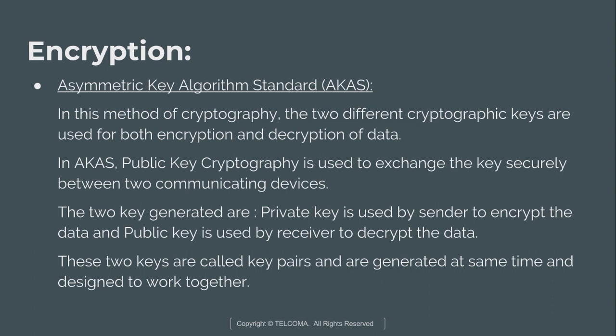The two keys generated are the private key and the public key. The private key is used by the sender to encrypt the data and the public key is used by the receiver to decrypt the data. These two keys are known as key pairs, and are generated at the same time and designed to work together.